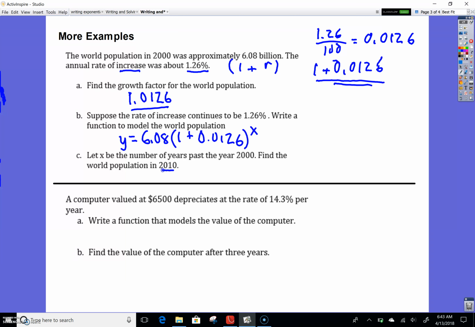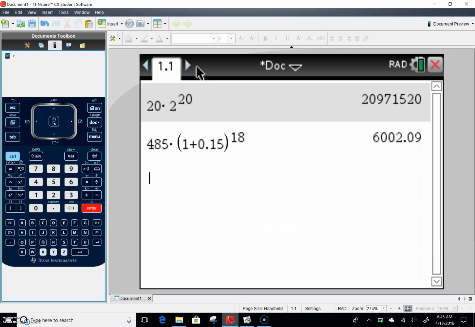Okay, so now it's 10 years later, so 6.08, 1 plus 0.0126 to the 10th power. Okay, so 6.08 parentheses 1 plus 0.0126 to the 10th power.